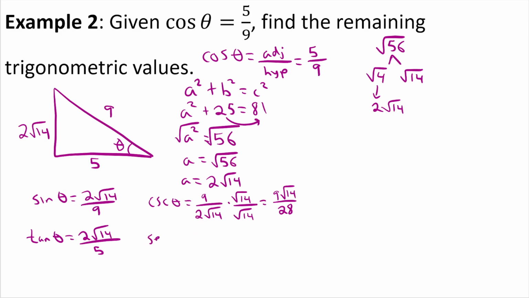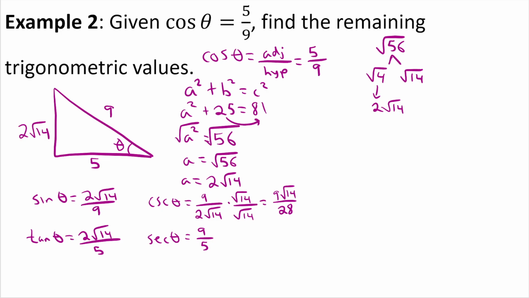Then secant of theta is going to give me the cosine reciprocal, which is going to be 9/5. Hold on. Actually, wait, sine's reciprocal is cosecant. Cosine's reciprocal is secant.